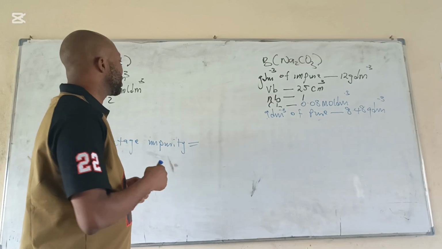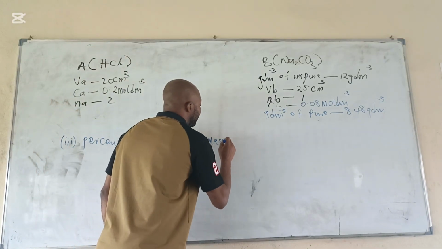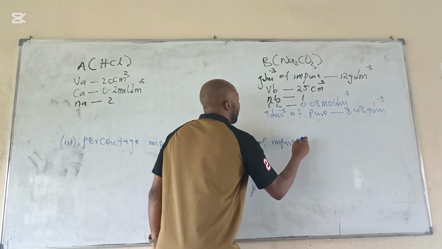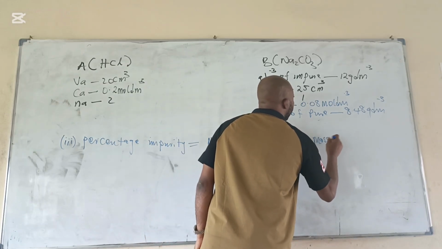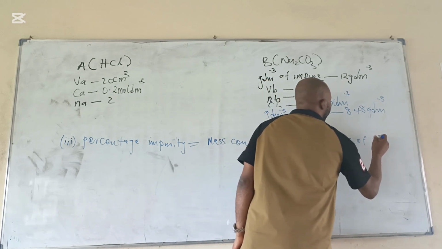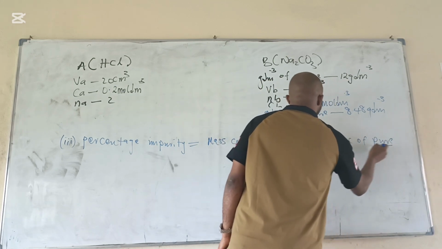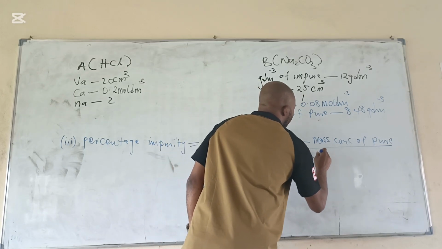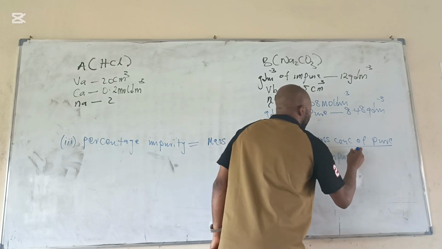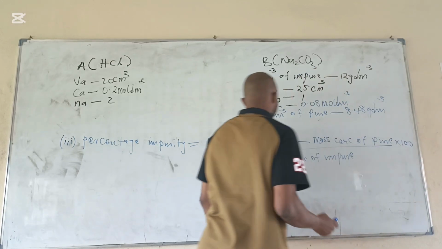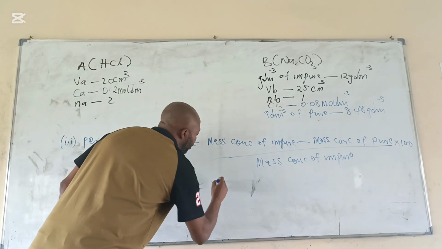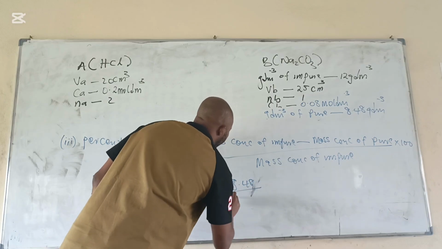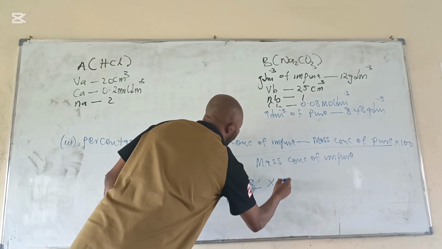I say percentage impurity is mass count of impure minus mass count of pure over mass count of impure times 100. So the mass count of impure is 12 minus 8.48 over 12 times 100.